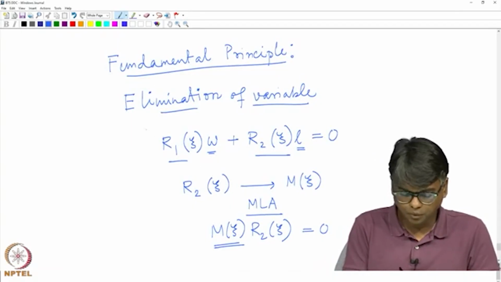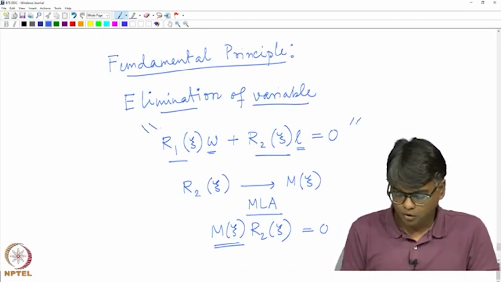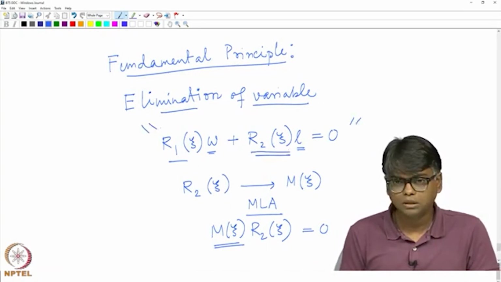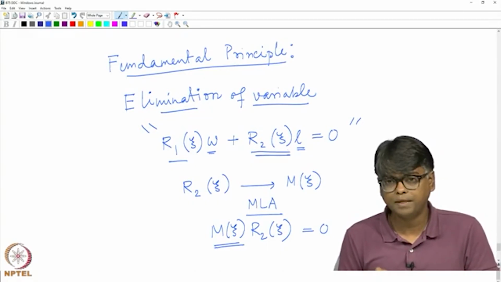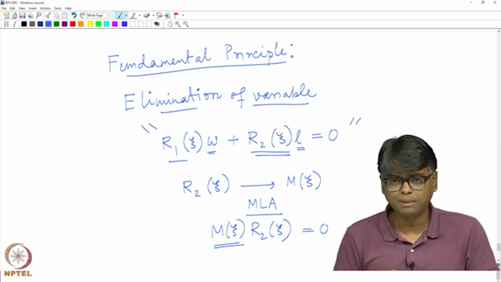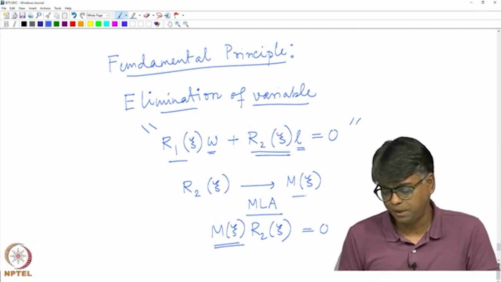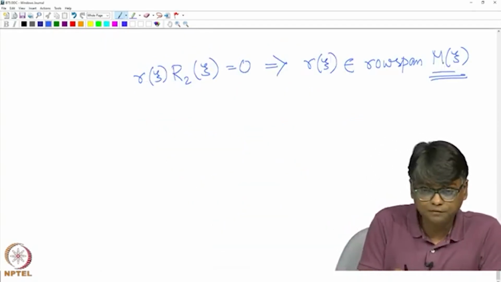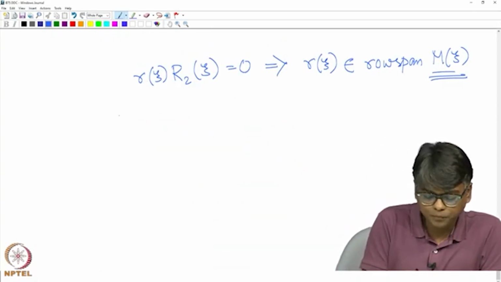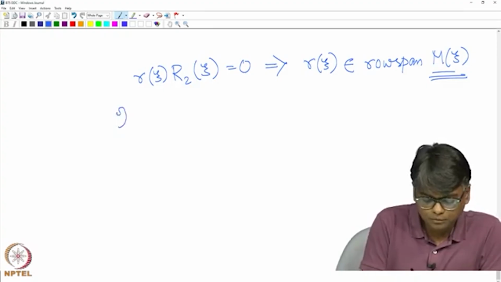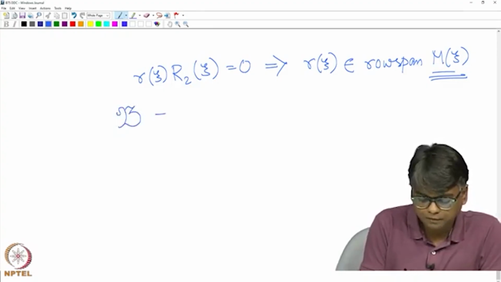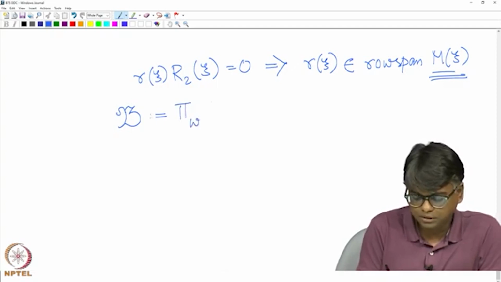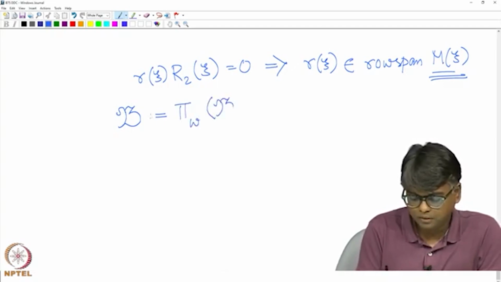So, given this equation, look at this R2, the matrix that operates on the latent variable that you want to eliminate, and look at its maximal left annihilator matrix M. Then a kernel representation for the manifest variable is given by B, which in fact is, by definition, the projection of the full behavior.